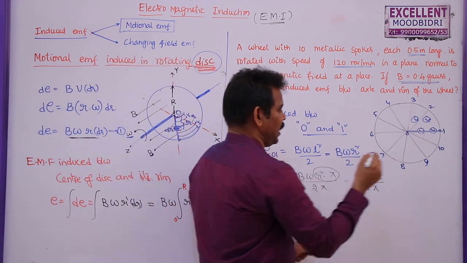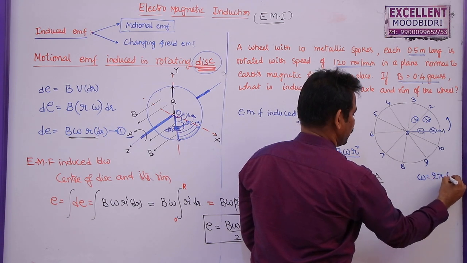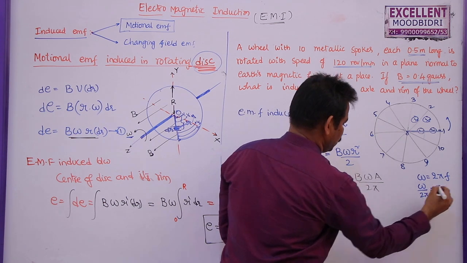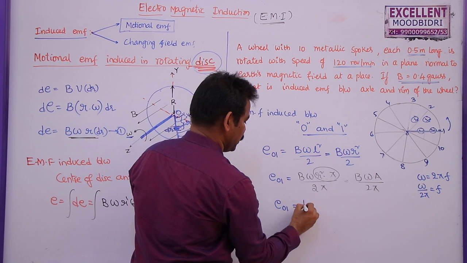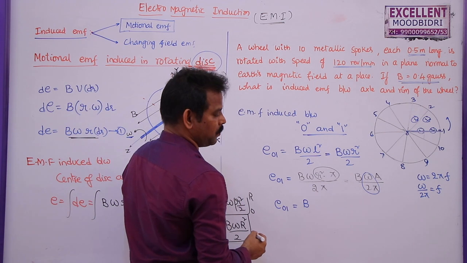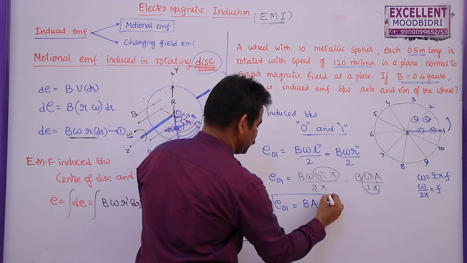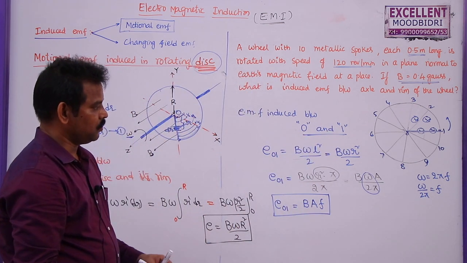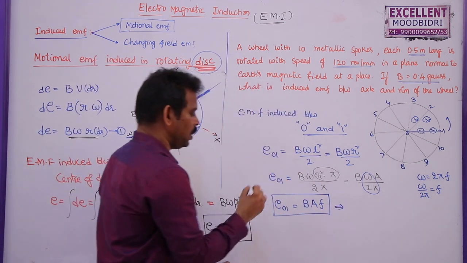Now the angular velocity with which it is rotating is given by omega is equal to 2 pi f. So omega by 2 pi is equal to f. So EMF induced between 0 and 1 is given by B, and this omega by 2 pi can be written as f. So this is BAf. So this is another expression which can be used in this type of rotating disc, rotating wheel, or rotating bar.